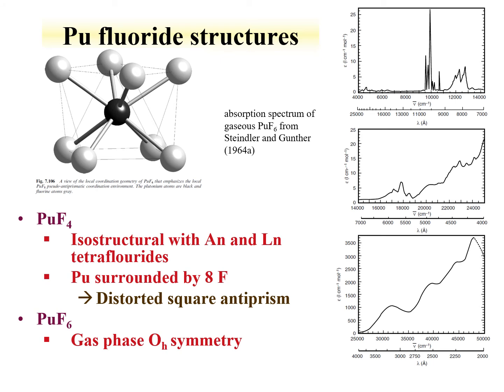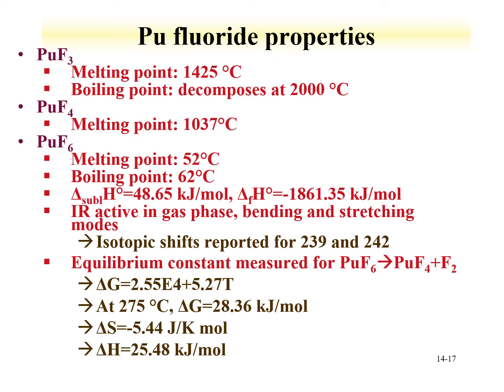The structures of the fluorides: the tetrafluoride is isostructural with the actinide and lanthanide tetrafluorides, shown here. And like uranium hexafluoride, plutonium hexafluoride has OH symmetry in the gas phase. The fluorides have melting points which are higher than the metals, right?